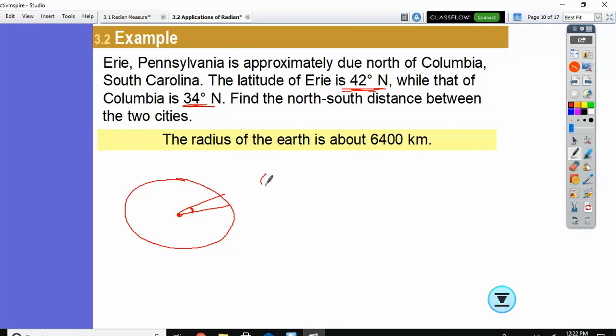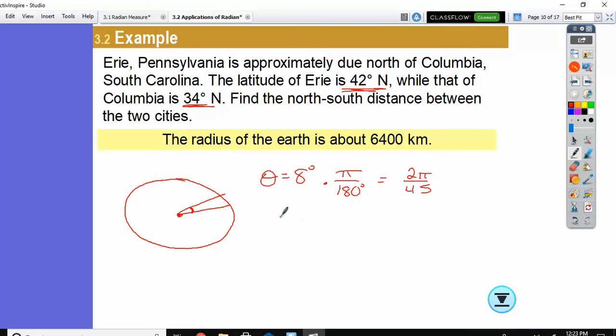So 42 minus 34 is 8. So my angle is 8 degrees, but can I use that? No, so multiply by pi over 180. And let's see. 2 pi over 45?